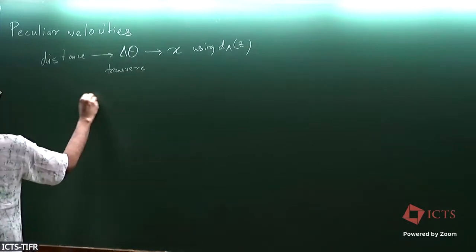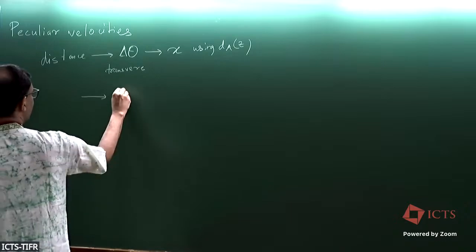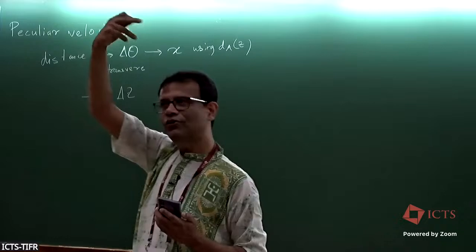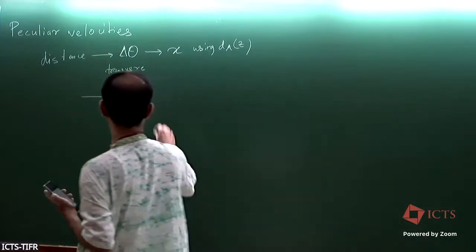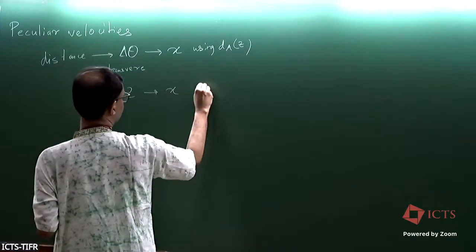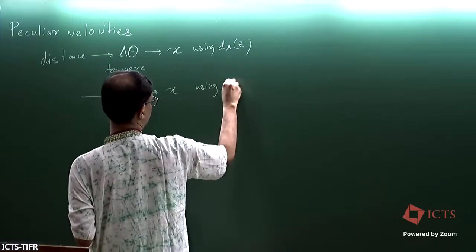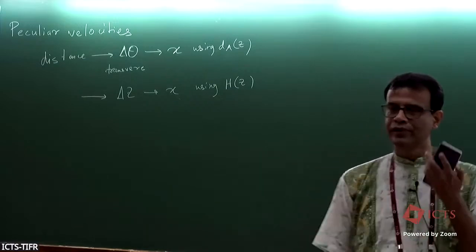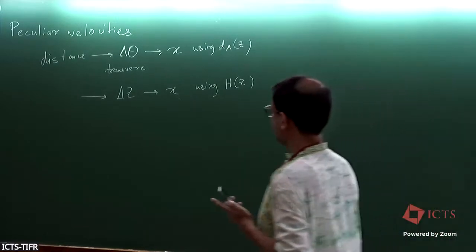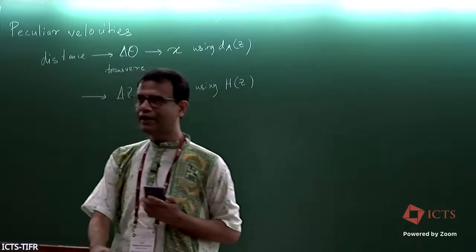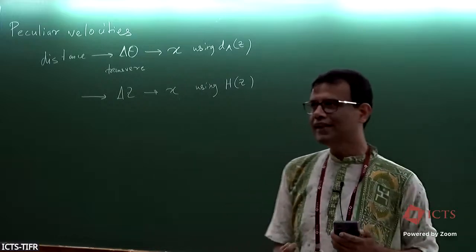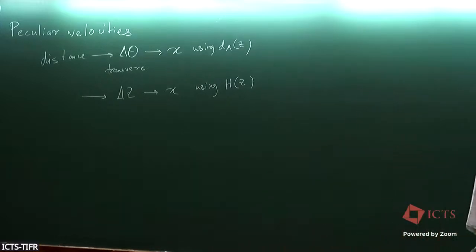Along the line of sight, for galaxies, you will measure the redshifts. And those redshifts you will convert into distance, using the Hubble parameter at that redshift. But when you measure redshift, the assumption here is this whole redshift is coming due to the underlying Hubble expansion of the universe.